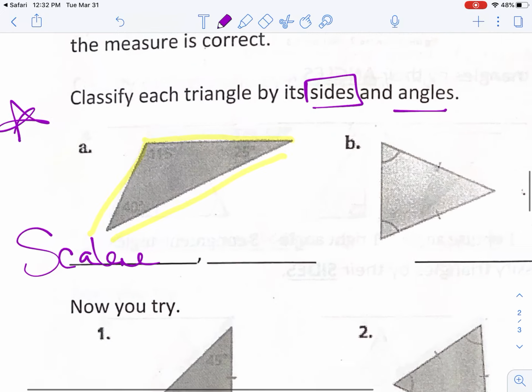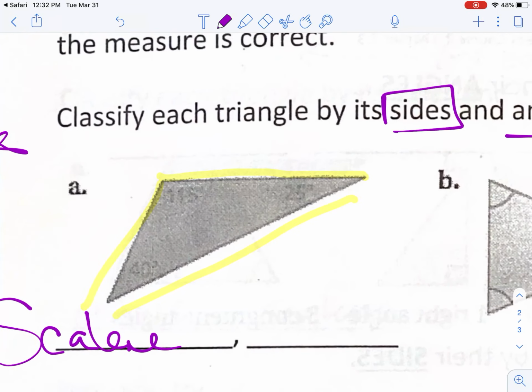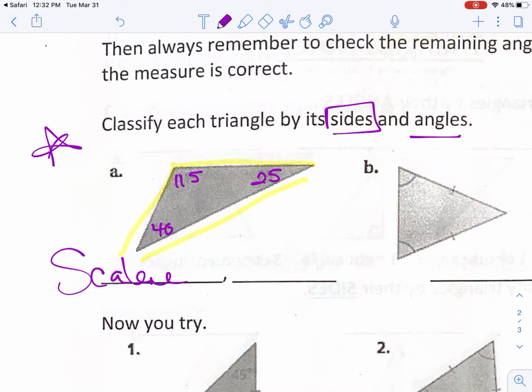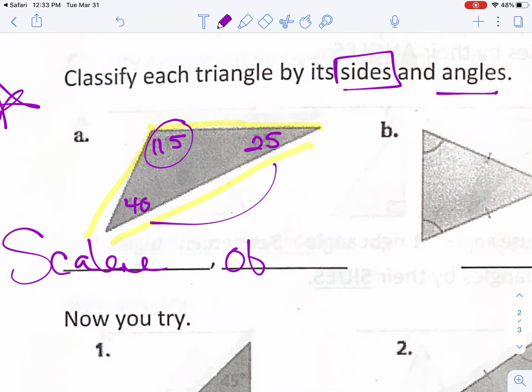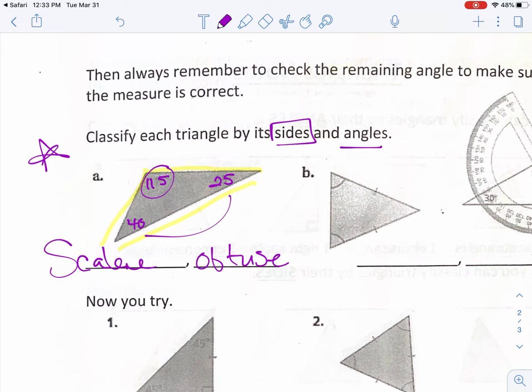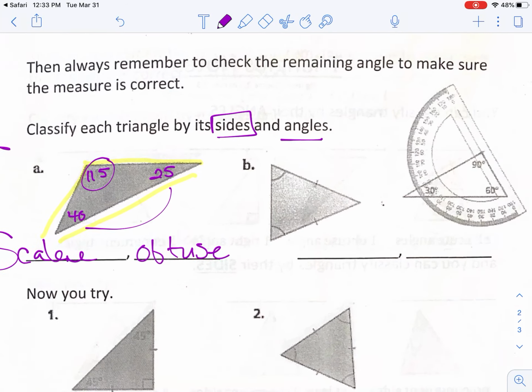And now we need to identify it by its angles. Angles are the inside. It is very hard to see. It looks like 115, 25, and 40. So I've got two acute angles, one obtuse greater than 90. So this is an obtuse triangle. So we're going to say this is a scalene obtuse triangle or obtuse scalene triangle.